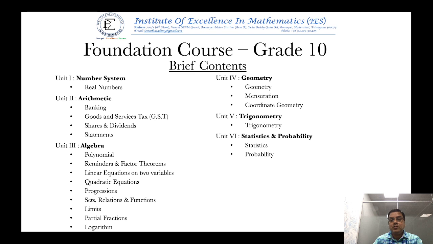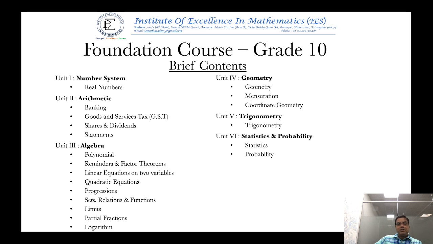Now if we go to grade 10, we'll actually cover the number system once again, with the details of real numbers and surds in depth. And then in unit 2, arithmetic will cover banking, GST, goods and services tax, and then shares and dividends, and there are mathematical statements.